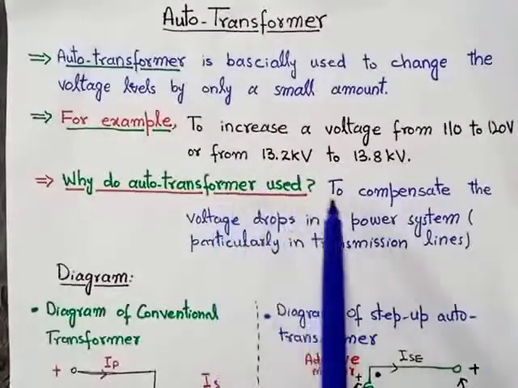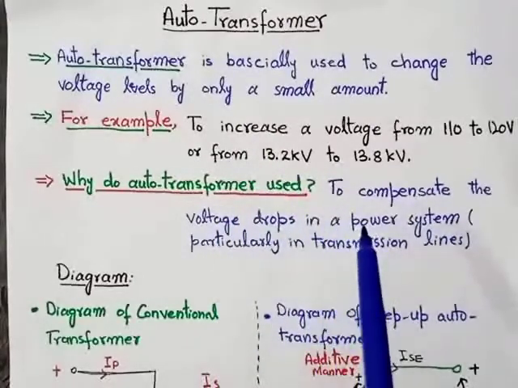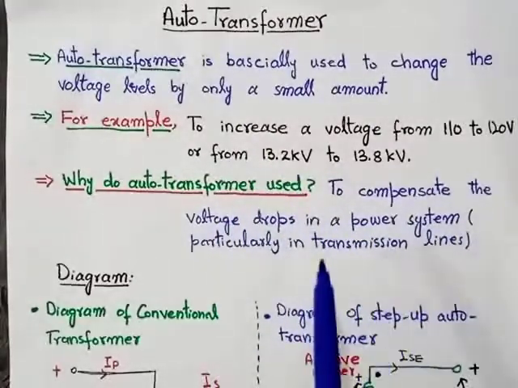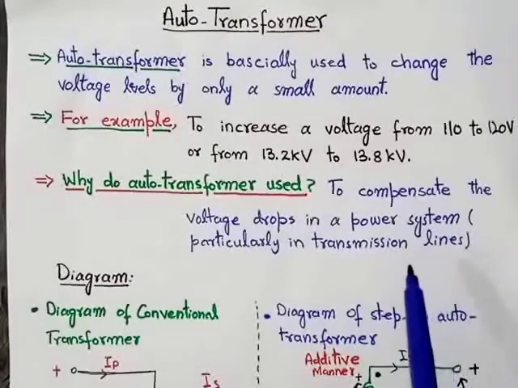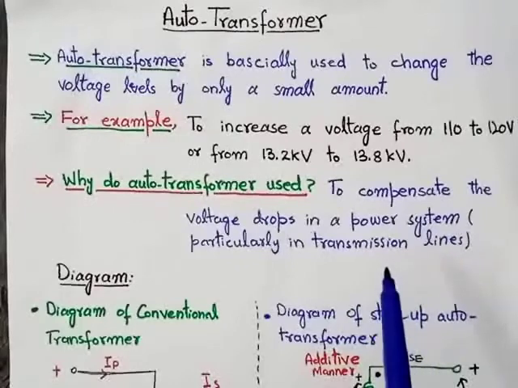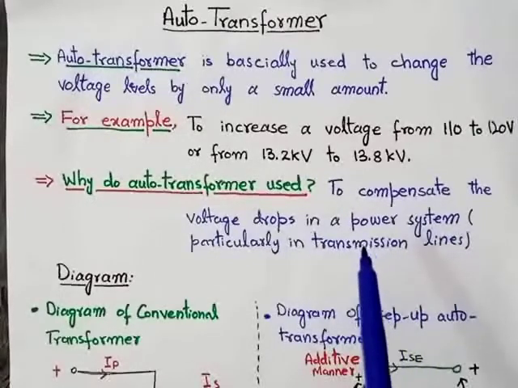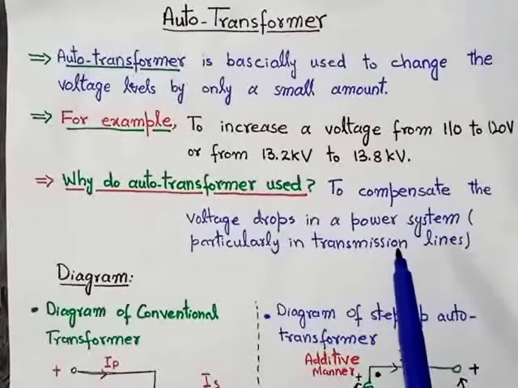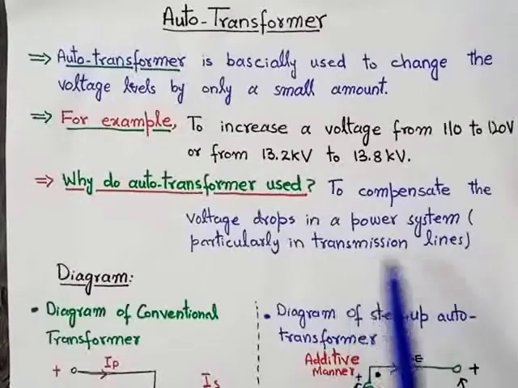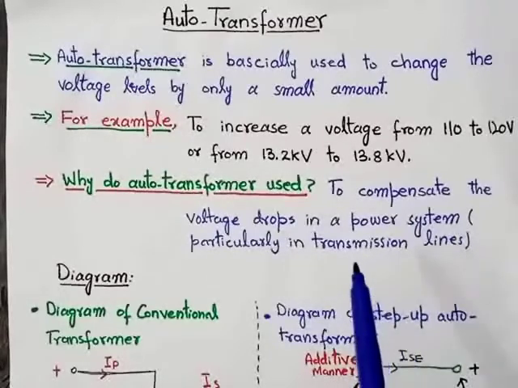Autotransformer is basically used to compensate the voltage drops in a power system, particularly in transmission lines. When we transfer electricity over long distances through a transmission line, voltage drops occur. So to compensate the voltage drop, we use an autotransformer.